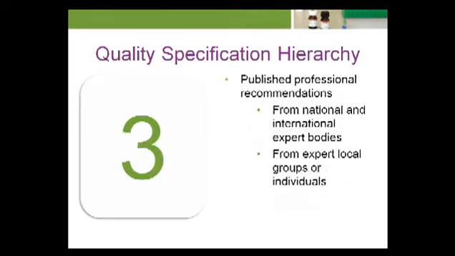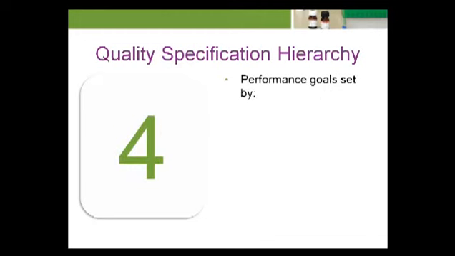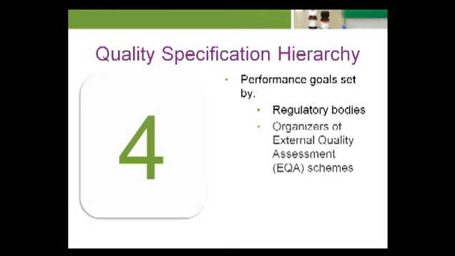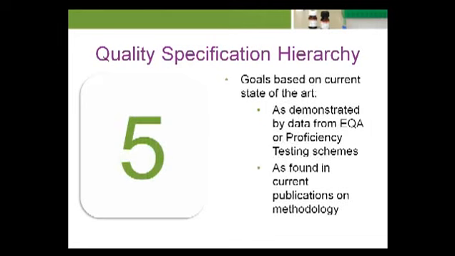Next in the hierarchy are recommendations from experts and professional organizations. These are preferred to performance goals derived from regulatory agencies and external quality programs. The least preferable type of quality specification is derived from the current state of the art.